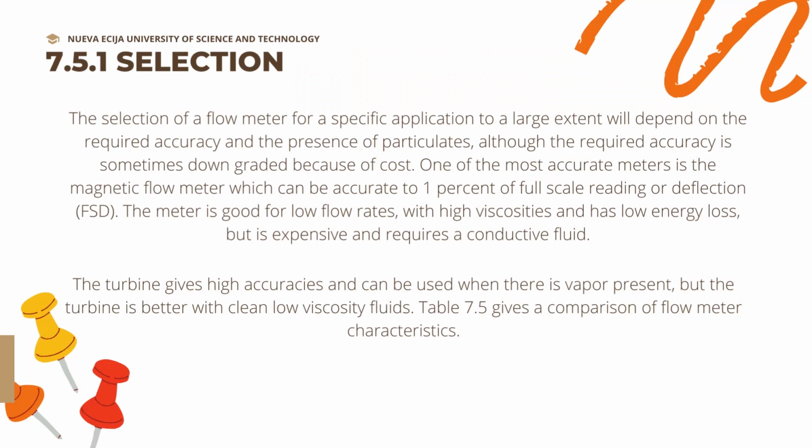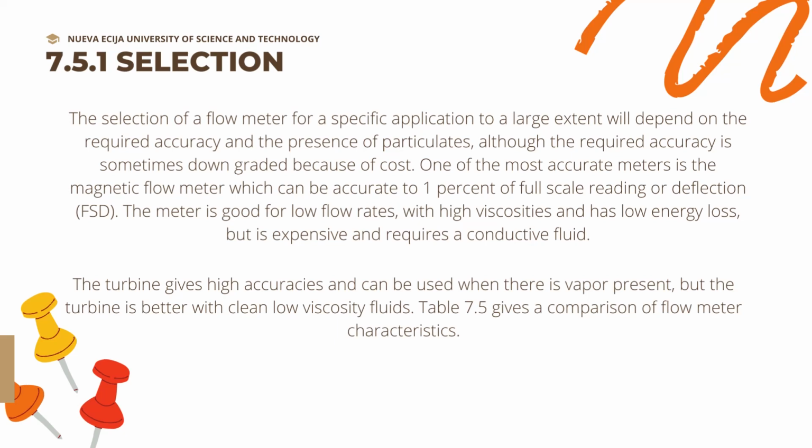7.5.1 Selection. The selection of a flow meter for a specific application to a large extent will depend on the required accuracy and the presence of particulates, although the required accuracy is sometimes downgraded because of cost.